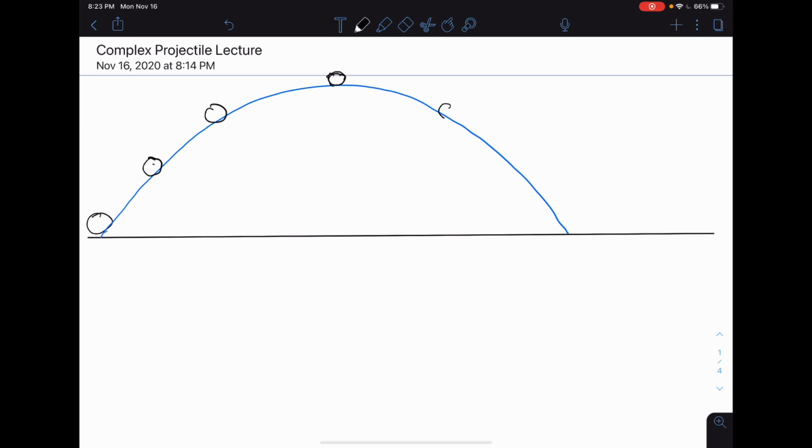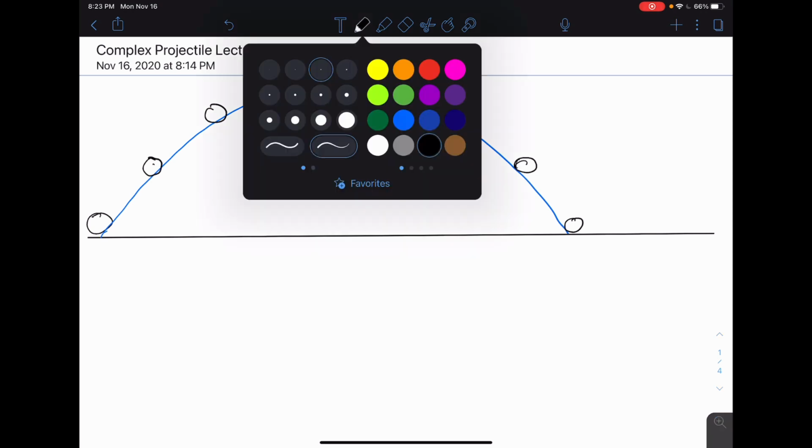And then right here, and right here. And maybe I'll draw this one over, bring it up a little higher. Okay, so you have something like that. It's not perfect, but it'll do. All right, so we have this soccer ball taking the path of a parabola.